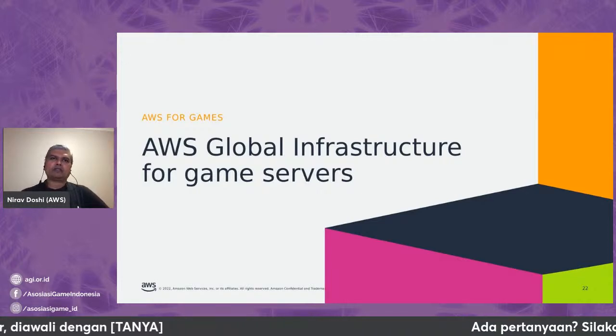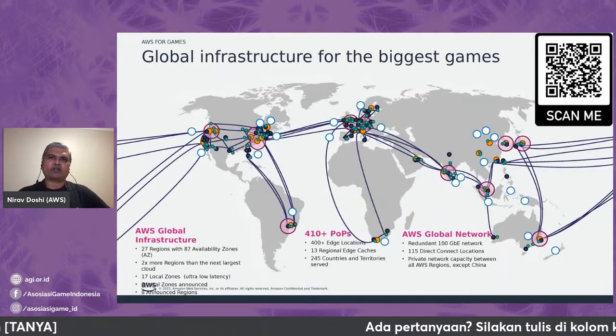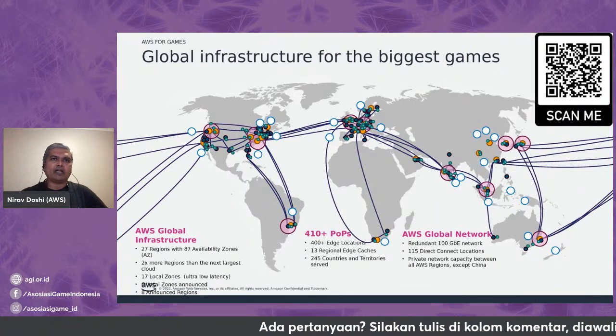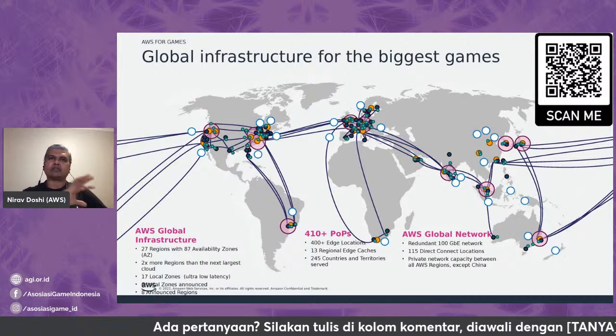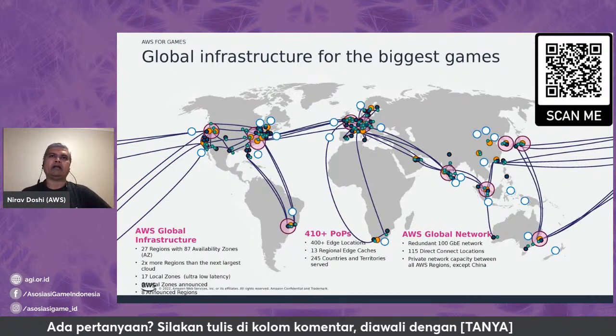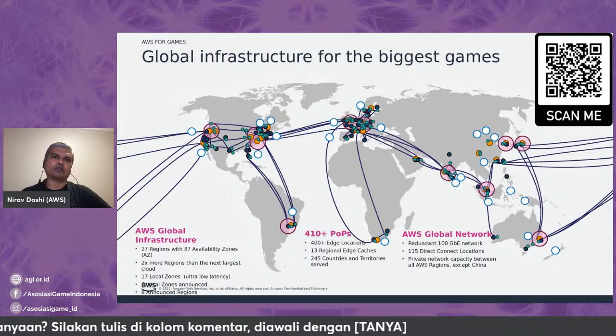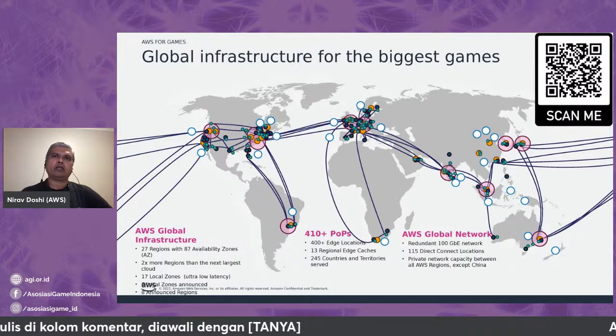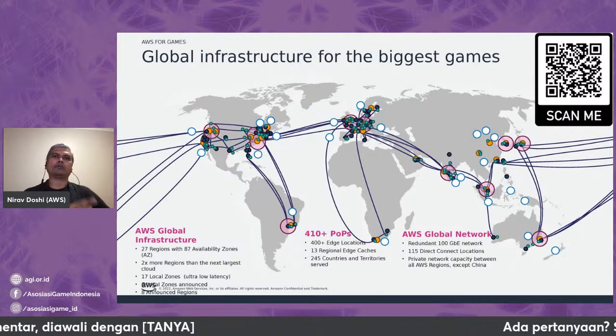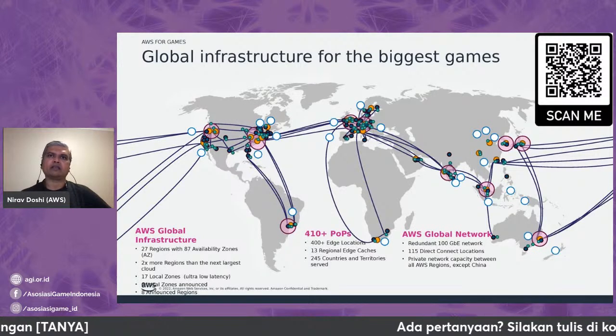AWS, we touched upon the global infrastructure, but I just want to provide you with a high-level picture. This is how wide and broad the AWS infrastructure is. Our closest competitor is not close to anywhere like this.